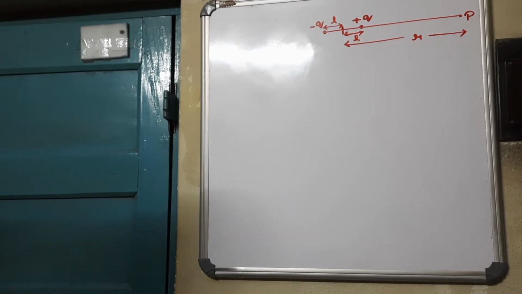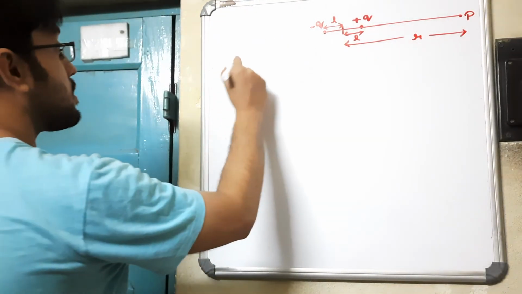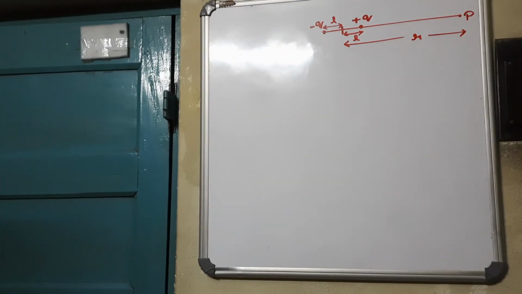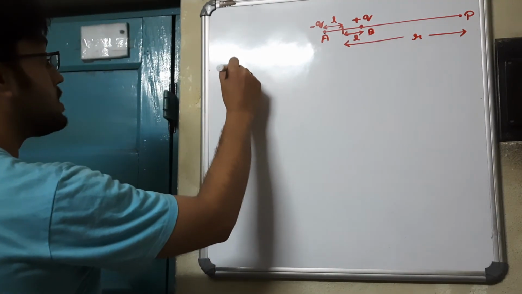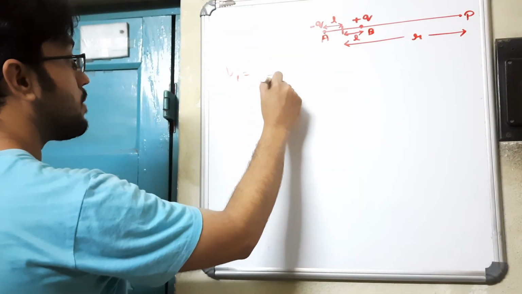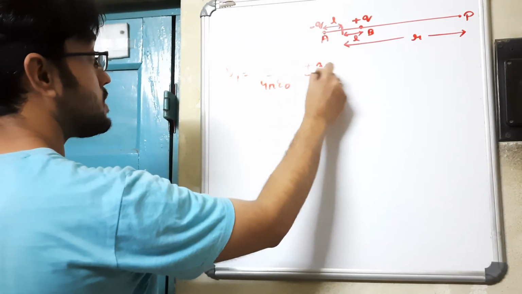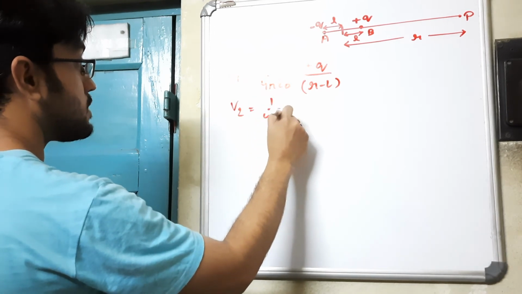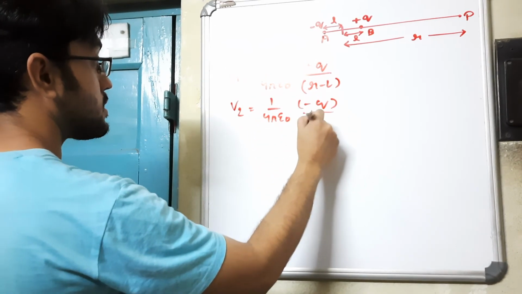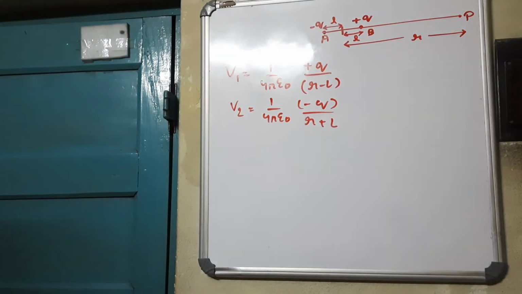So the potential that is going to be because of the positive charge. So let me name the locations of the minus q and the plus q. Let me name the location of minus q to be A and plus q to be B. Then the potential V1 is going to be 1 by 4 pi epsilon naught plus q divided by r minus L, and the potential V2 is going to be 1 by 4 pi epsilon naught minus q divided by r plus L. Now what will be the total potential therefore?